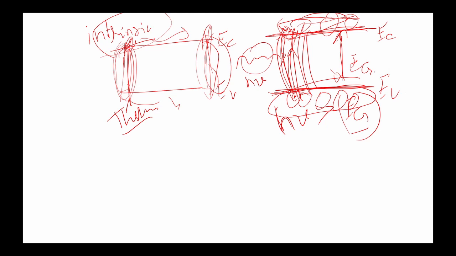It cannot happen that all the electrons from the valence band jump to the conduction band. Just as electrons can go from the valence band to the conduction band, electrons can also come from the conduction band back to the valence band.